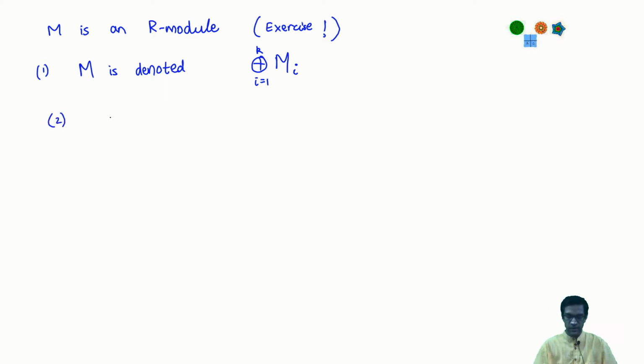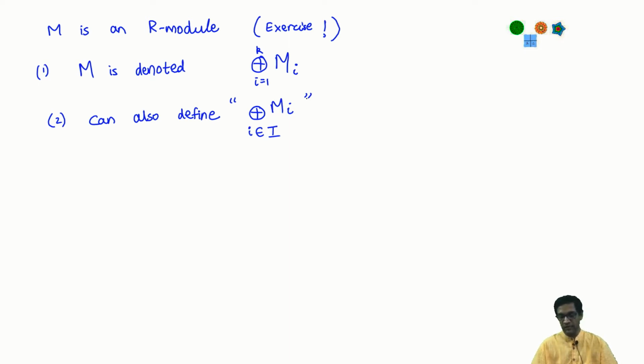Another short remark here: one can actually define direct sums even for infinite collections of modules, not necessarily finite collections. So I'll just state that quickly. Now i ranges over a potentially infinite indexing set I. The key thing to remember is that this turns out not to equal the product as a set.